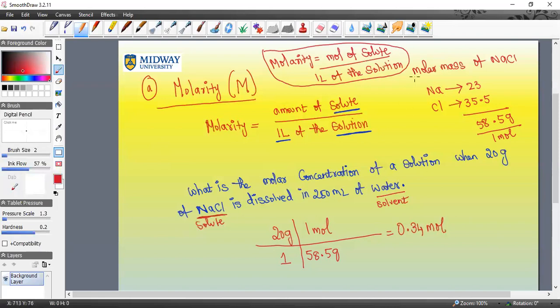Okay, so we know the top. And 1 liter of the solution, right? Now here's the thing. We are going to assume that the density of the solution itself doesn't change. So if there is 250 milliliters of water, and the conversion is 1000 milliliters in a liter, 250 milliliters would be 0.250 liter, right?